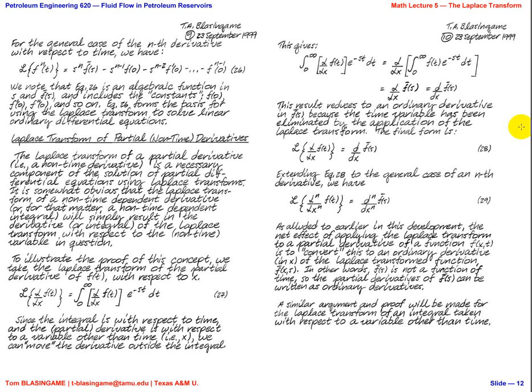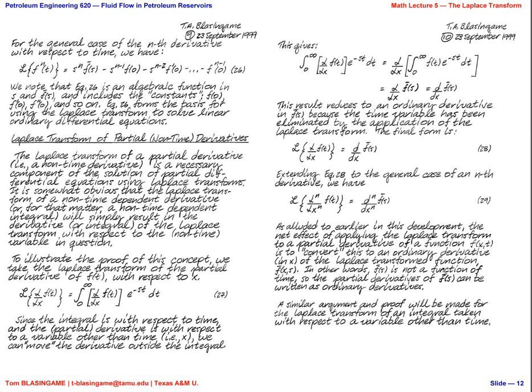And you have to have as many conditions as you have derivatives, right? So, for example, if n is equal to 2, you have to have two conditions, right?